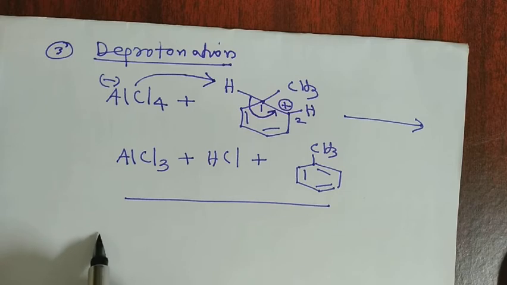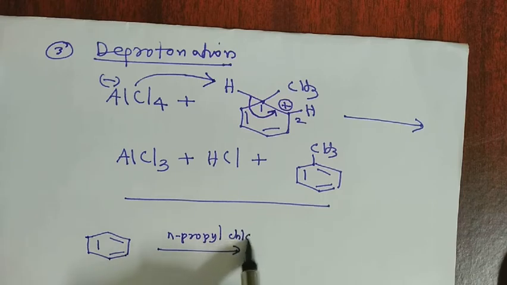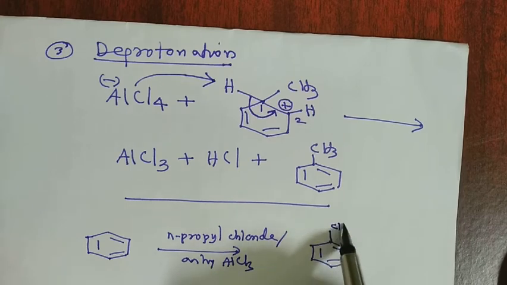For example, when benzene is treated with normal propyl chloride in presence of anhydrous aluminium chloride, the major product obtained is isopropyl benzene.